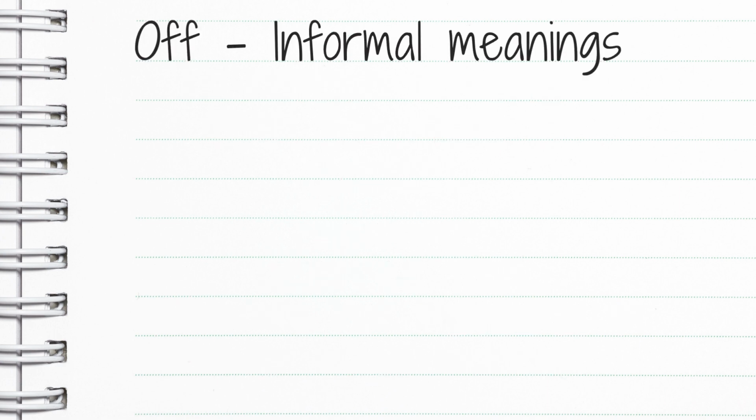We'll also look at some informal meanings of the word off, because I think it's important that you understand the informal meanings as well, because often native English speakers will use these informal meanings quite regularly.